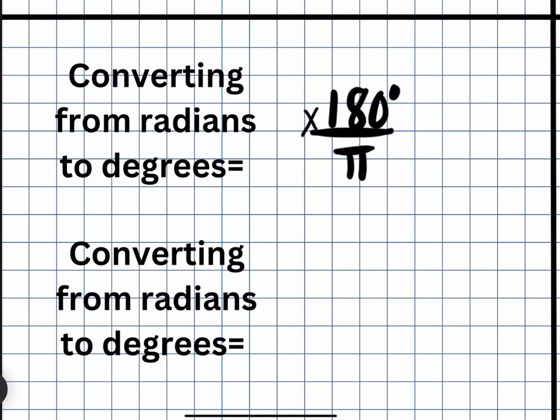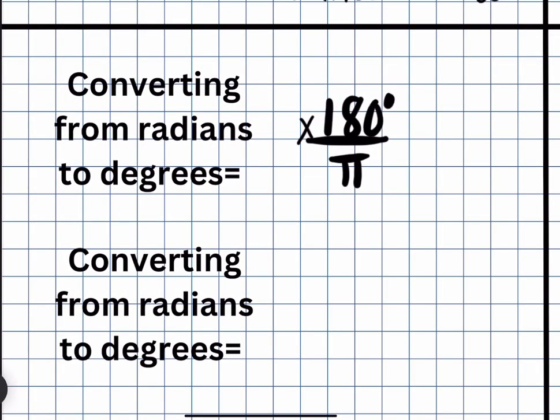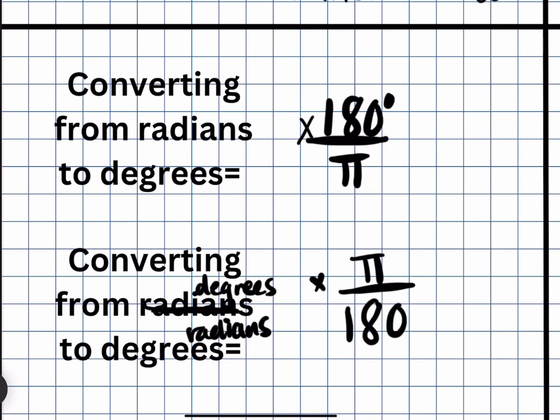And vice versa, if I have degrees and I want to get to radians, this is written the same. Oops. This should be from degrees to radians. Typo. I would need to multiply by the opposite. So I would need to multiply by pi over 180 degrees in order to convert from degrees to radians.